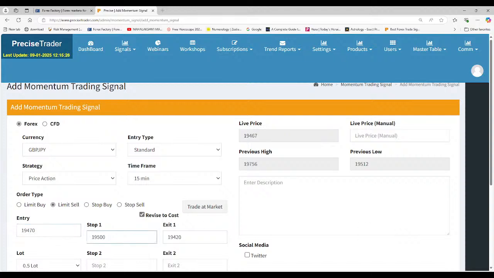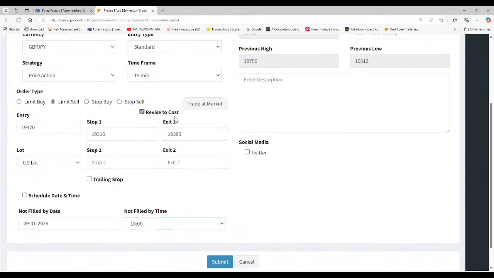The stop has to be 195.10, and the TP is 194.30 or lower. If it breaks, then we may see the price moving towards 193.85. So as of now, I think we can put it as 85, and let's work on that trade.